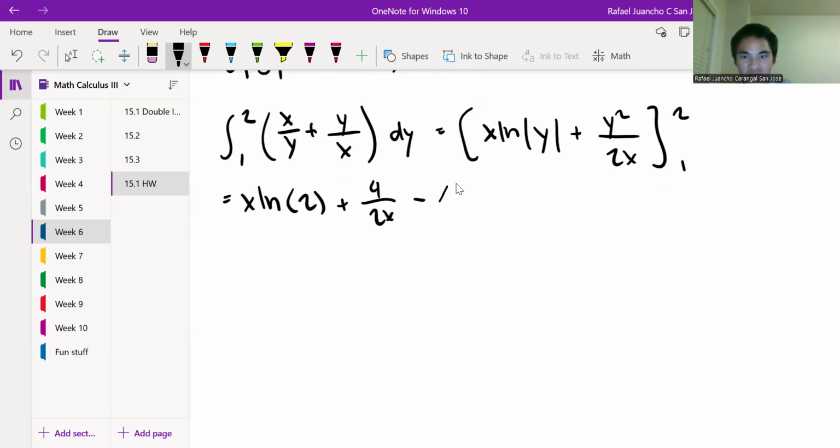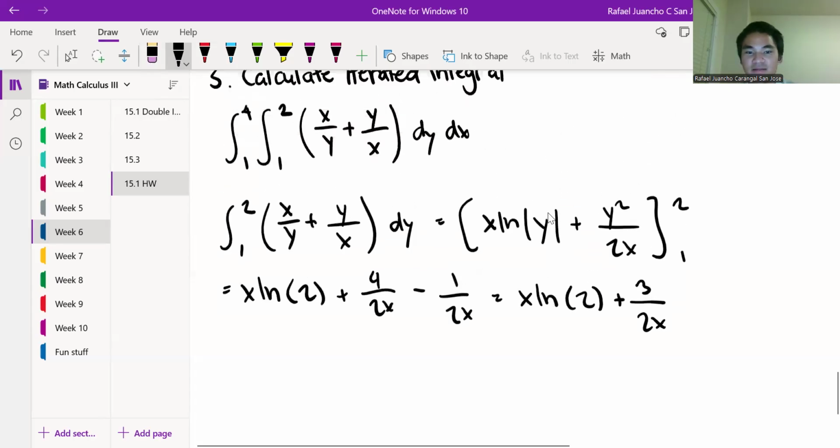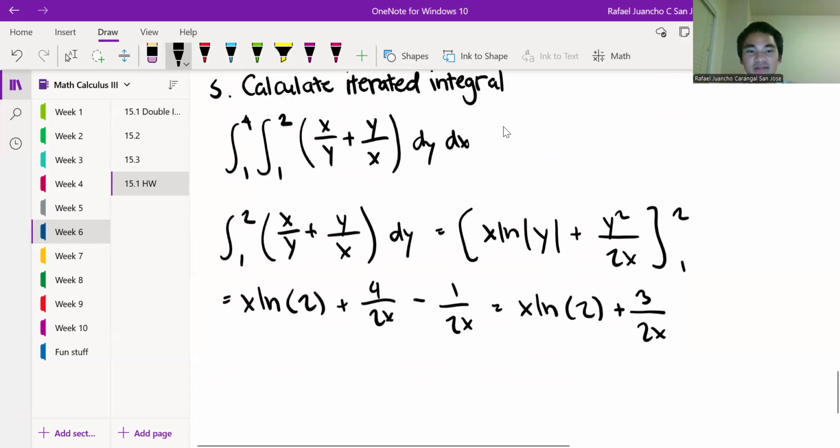And then I subtract that to when I plug in 1. ln 1 is 0, right? ln 1, yeah, that's 0, so that's nothing. Then I subtract it here. So this is 1 over 2x. Oh, look at that. I get x ln 2 plus 3 over 2x, right? And then now I integrate this in terms of x.